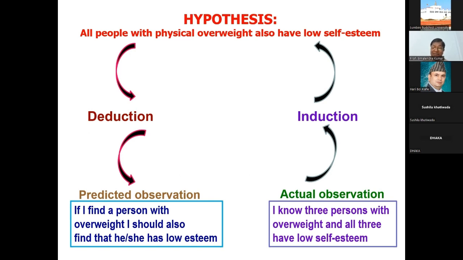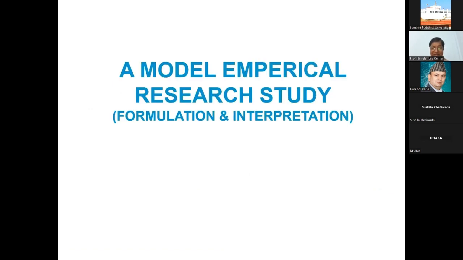Through the induction approach, the actual observation is: I know three persons with overweight and all three have low self-esteem. So this is how the deductive approach or inductive approach works. Through an example, we can understand it.